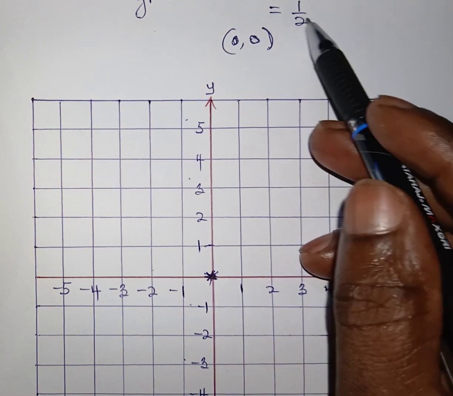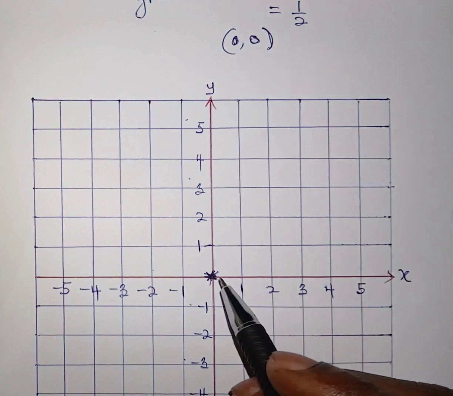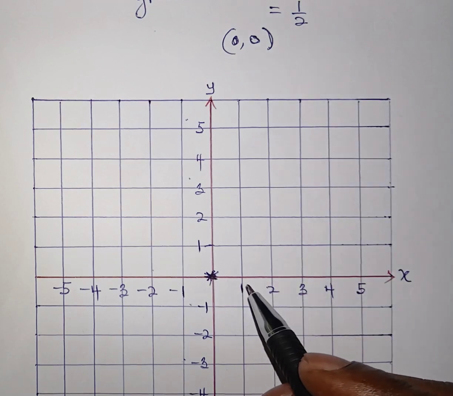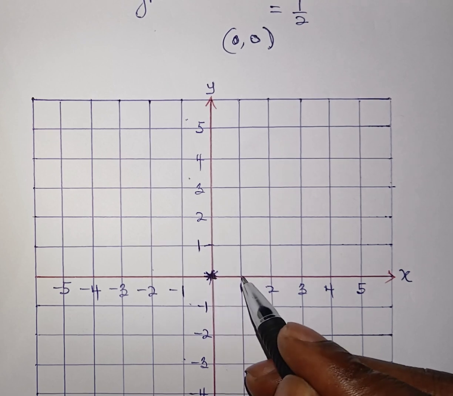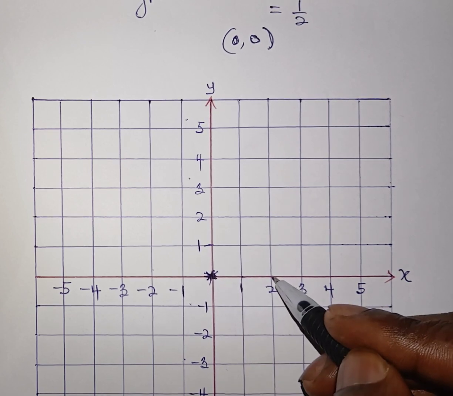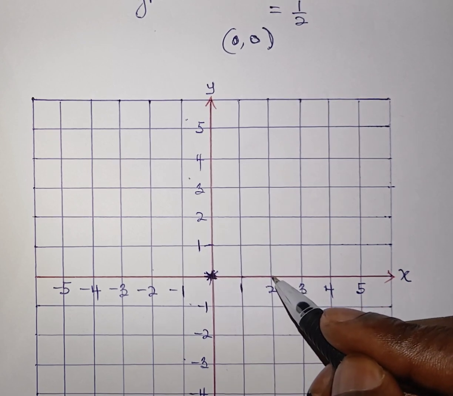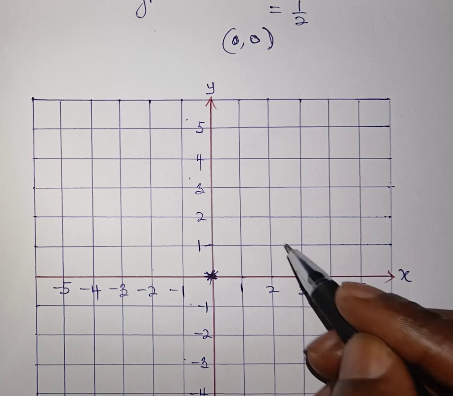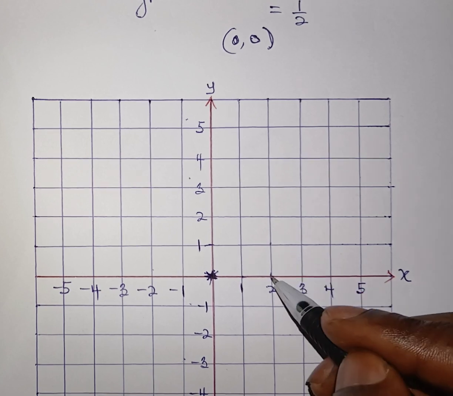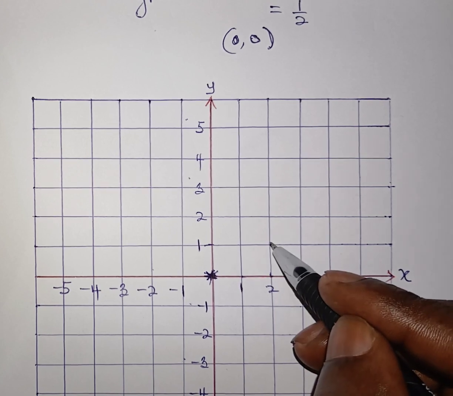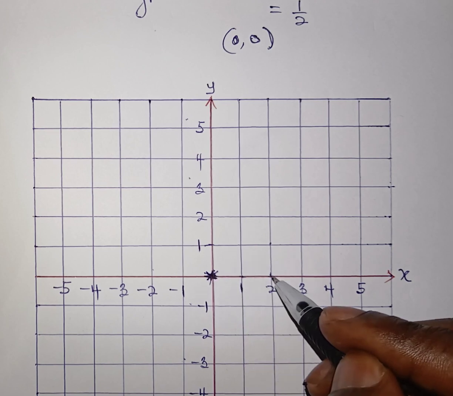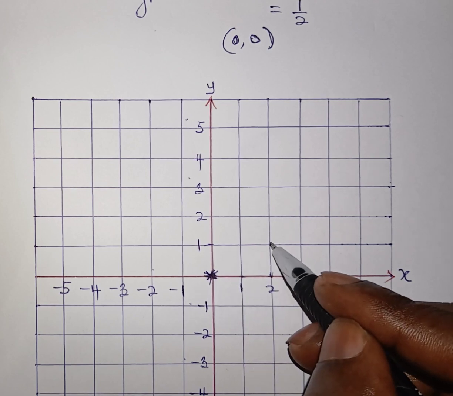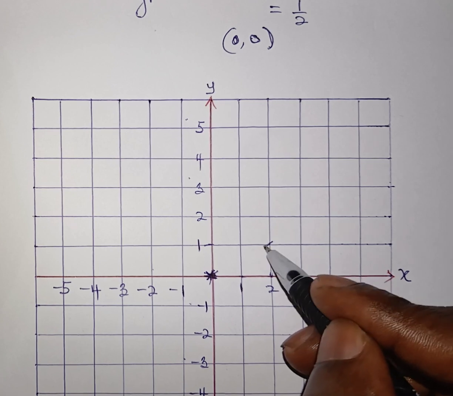The denominator means that if I move to my right 2 units, so from here 1, 2, then the graph has to rise how many units? 1 unit. So if it moves 1, 2, then it rises 1 unit. So you make it here.